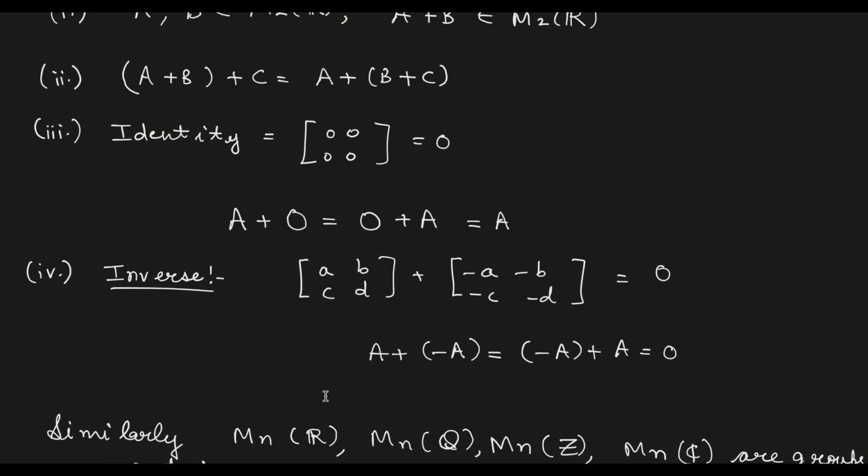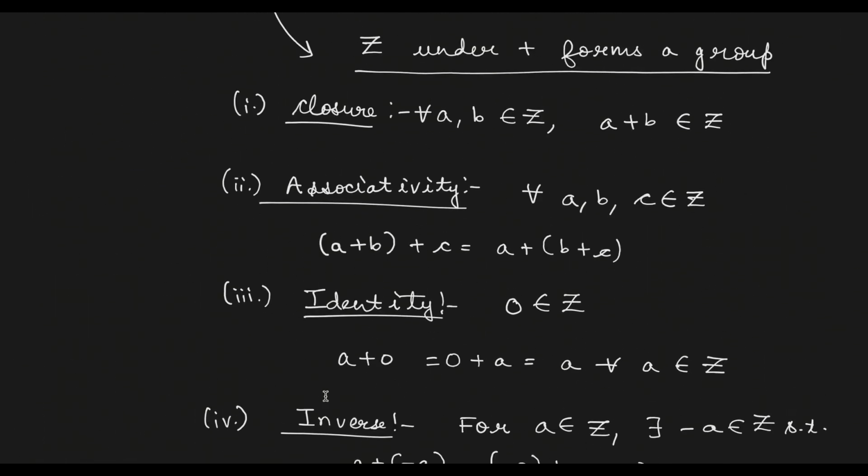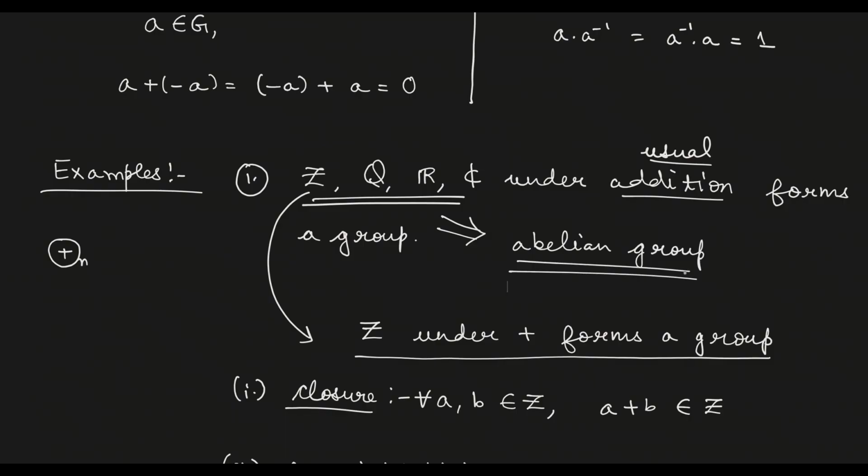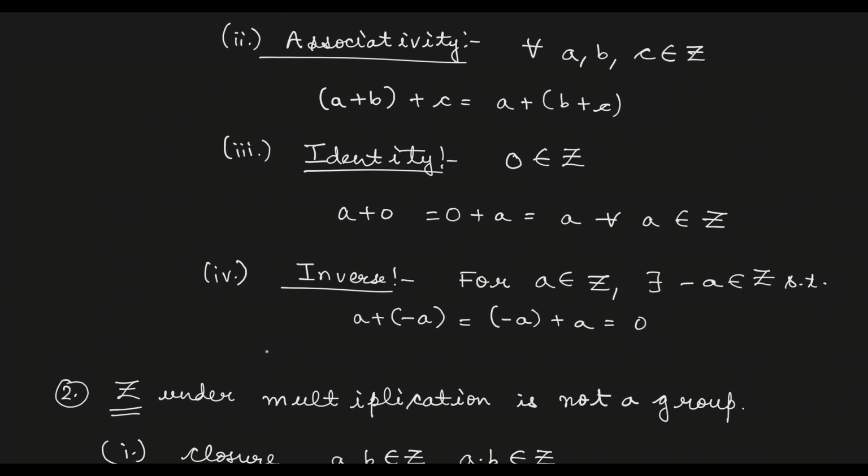Now, in these examples only, are all these examples abelian also or not? Under usual addition, they are abelian, na? Commutative property will be satisfied. Yes, in the case of integers under addition. Yes. For rationals also, for real numbers also, for complex numbers also.